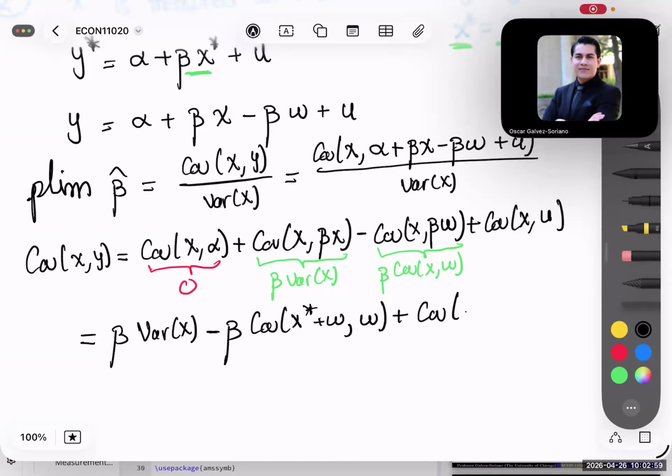And you're going to do the same for the other covariance. In the other covariance, we have x, but x is measured with error. So x is my x star plus w, and then u. And once again, you're going to form pairs.